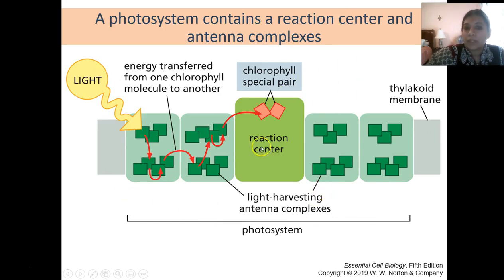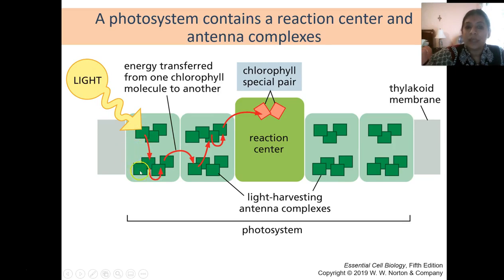So you have a reaction center with a special pair of chlorophylls, which we'll talk about in a second. And then you have these little light harvesting units, you can call them little batteries, each one containing chlorophyll molecules all stacked inside of them. When light hits one of these chlorophyll molecules, it excites the electrons within it, getting them into an excited state.